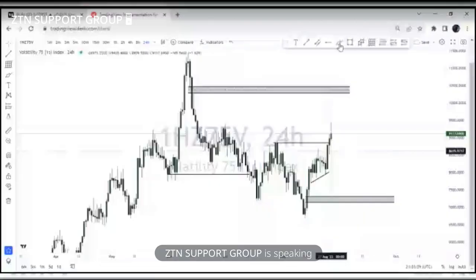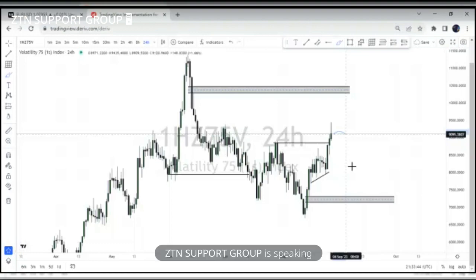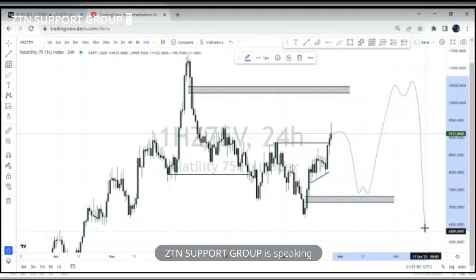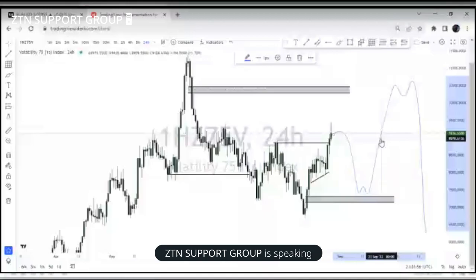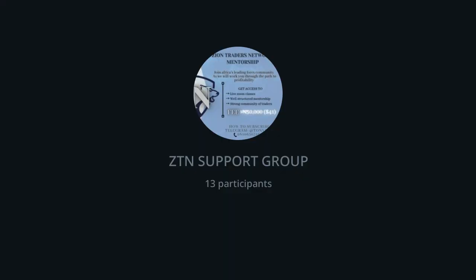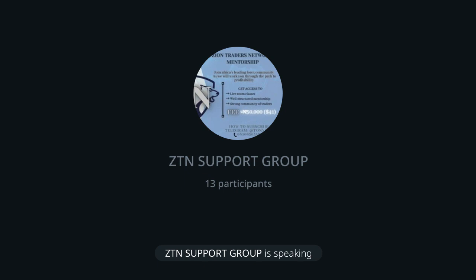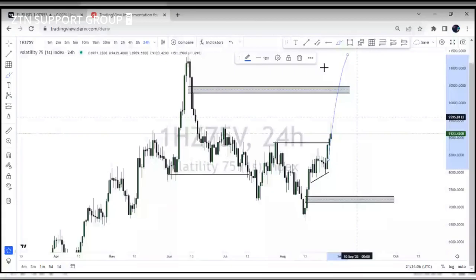I would want to see price give us this, and then maybe this back down. Now it doesn't have to happen that way. Price can blast through, create a new high, and never come back here.